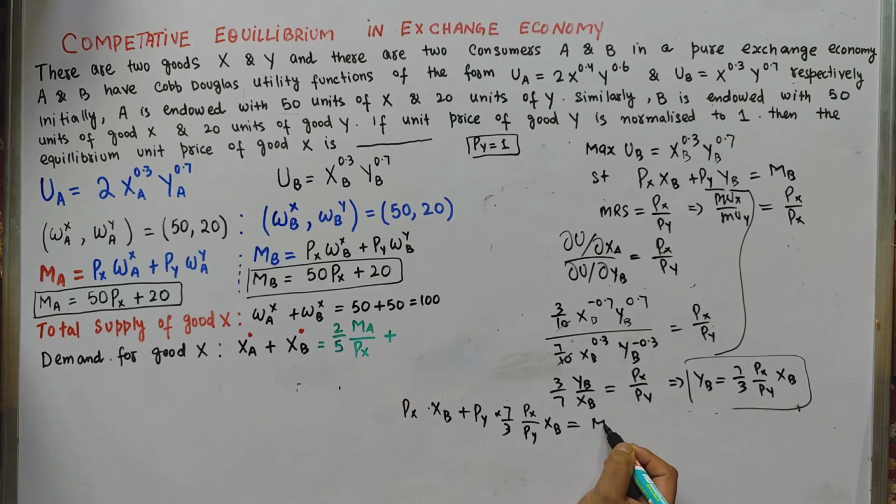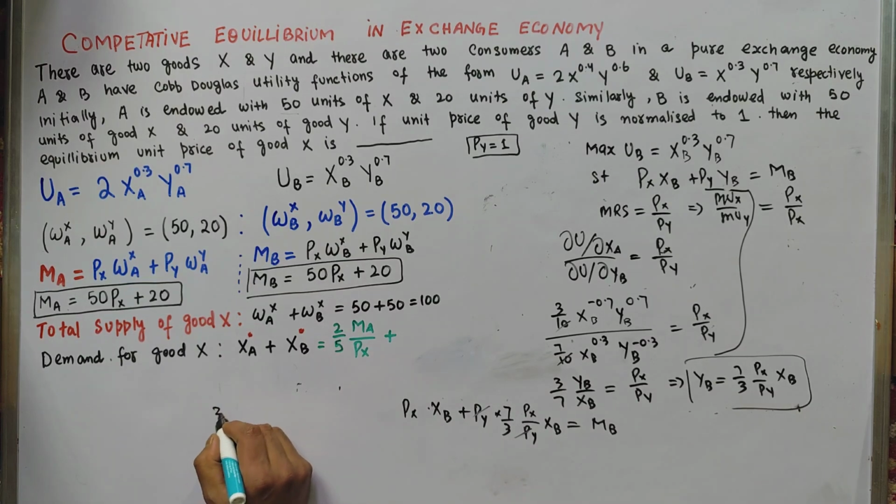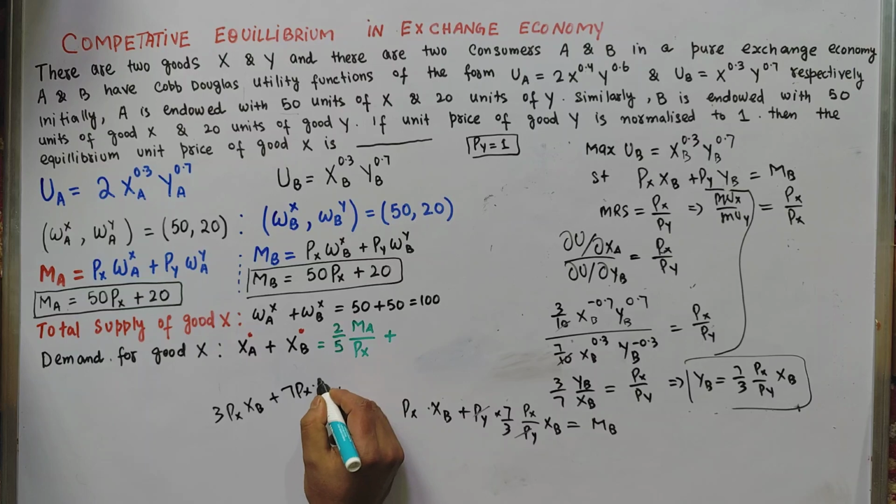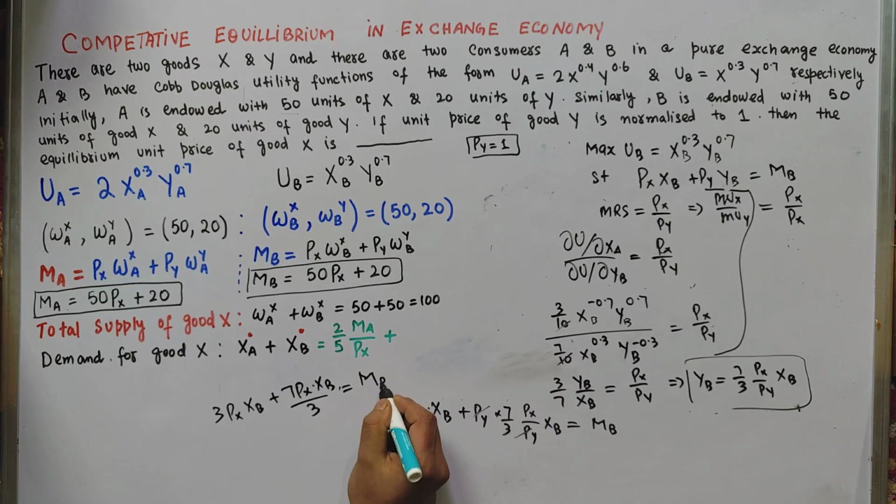So y and y get cancelled. Again, these are the same terms, so 3 Px into Xb plus 7 Px into Xb upon 3 is equal to the income of the consumer.